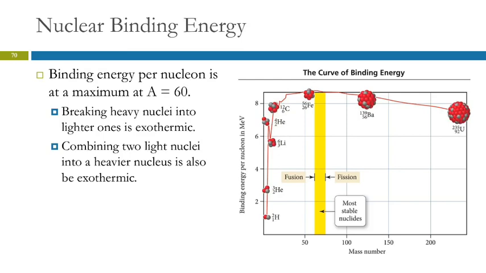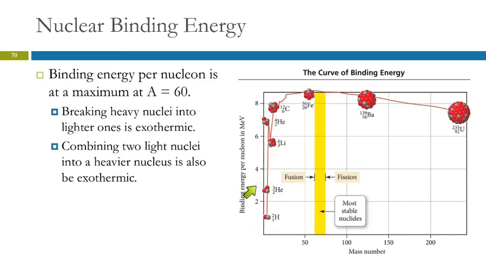So if we calculate the binding energy per nucleon for different isotopes, different nuclides, we can see as the mass number increases, there's not like a nice linear relationship or anything. Here's deuterium, and here's helium-3. Those are both not very stable.